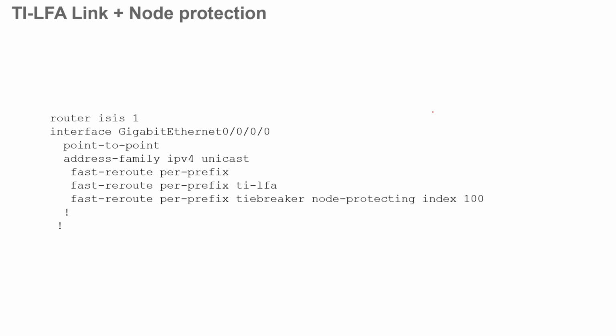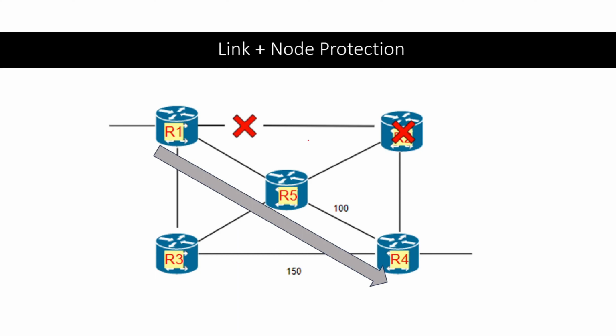If we talk about the link plus node protection, using this one we have enabled the link protection, and for the node protection we need to configure tiebreaker node-protecting and index 100. In this scenario, this will be the backup path because we need to protect this node.